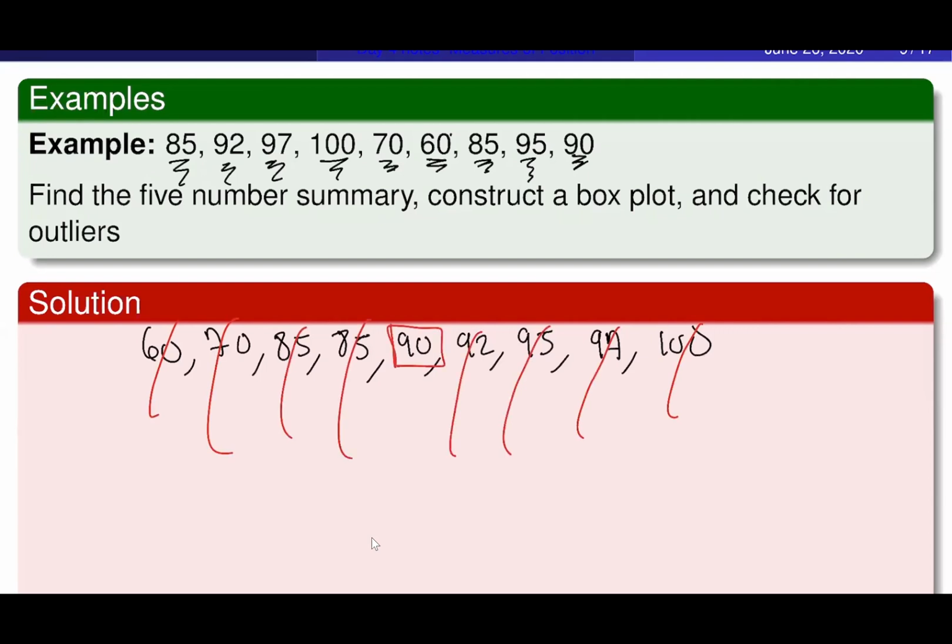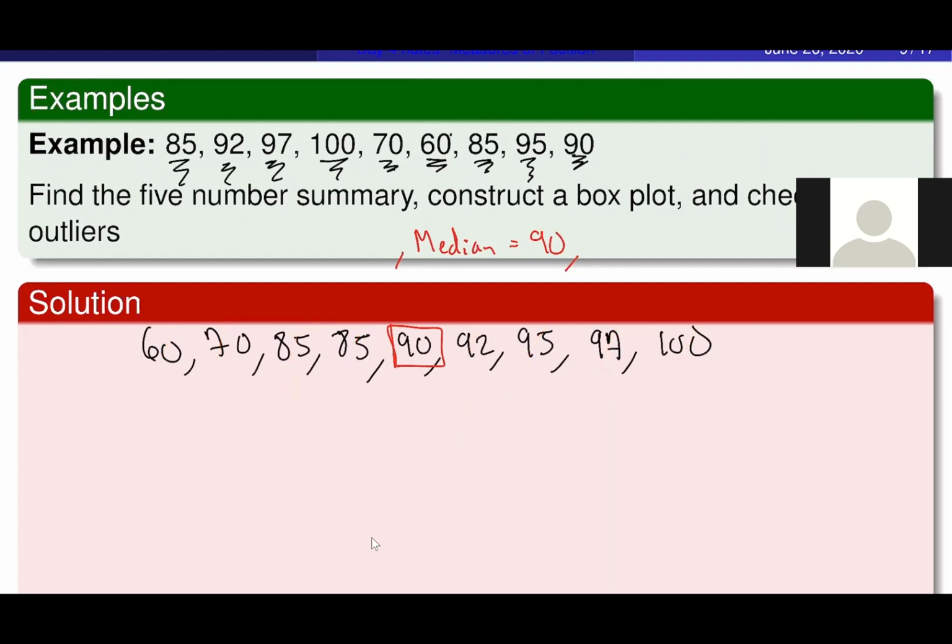So the median is 90. Everybody good that the median is 90? All right. If you look at it, we have our lower half and our upper half. I'll highlight my lower half in green and my upper half in yellow.